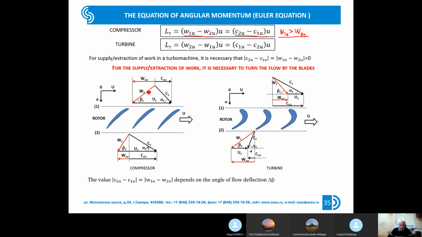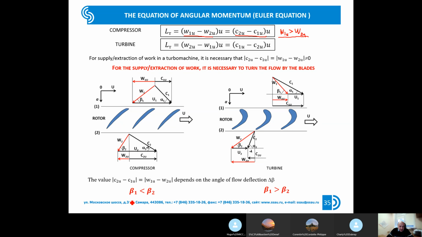And of course, you see that the difference of the circumferential projection of relative velocity will depend on the angles to which you turn the flow. If you increase the flow deflection angle delta beta, you will increase delta WU and you will finally increase the specific work. We will discuss it a little bit further.